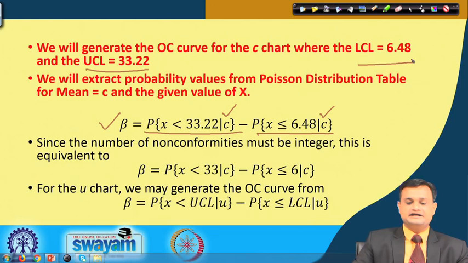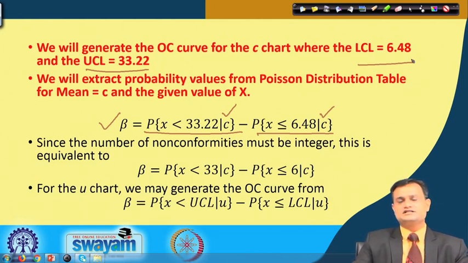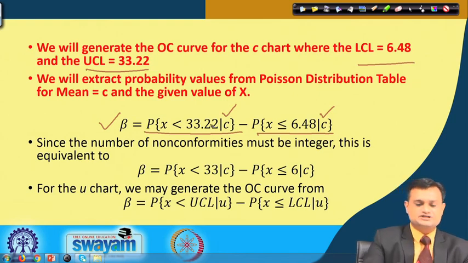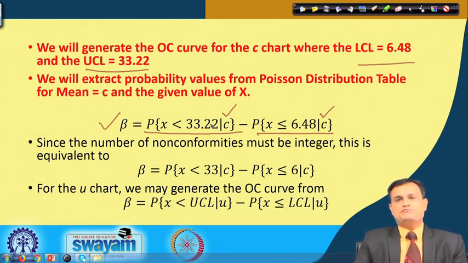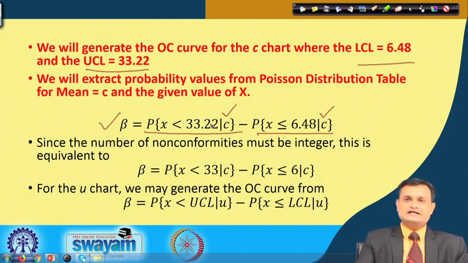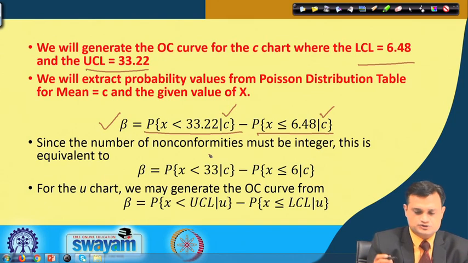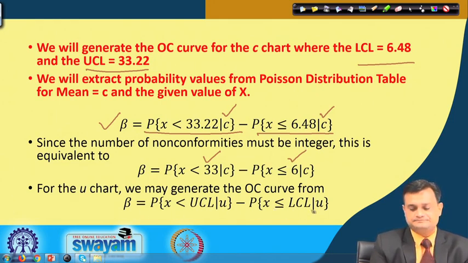Now, because it is not possible to go for the decimal, I am just converting, because it hardly makes a difference when I say 33.22 non-conforming. It is more logical to say 33 non-conforming or 34, or 6 or 7. So, I am just choosing the lower integer value, that is 33 and 6, and you can compute the beta.